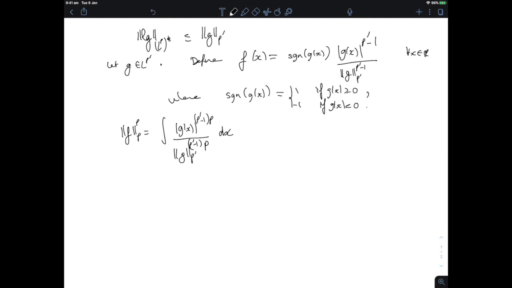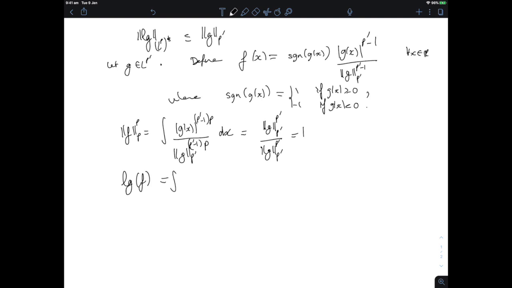I mean, p is p prime divided by p prime minus 1. So this is exactly the norm of g in L^p prime raised to the power p prime, divided by the norm of g in L^p prime raised to the power p prime. So this is 1.